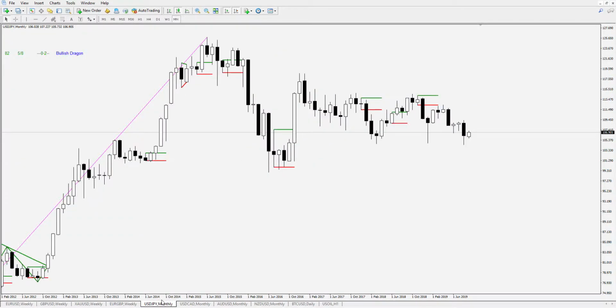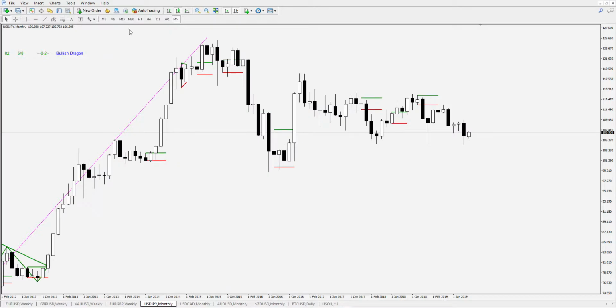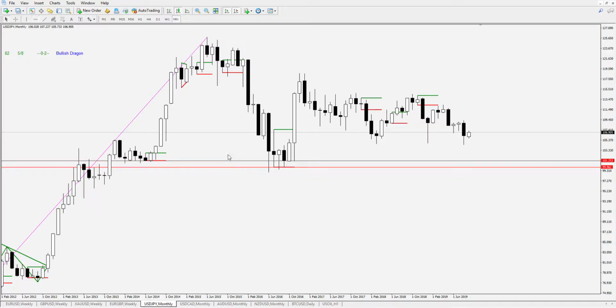Dollar yen, bullish dragon. It's there. And then again, supports are quite far. 99.96, 101.25. Seems so far away.